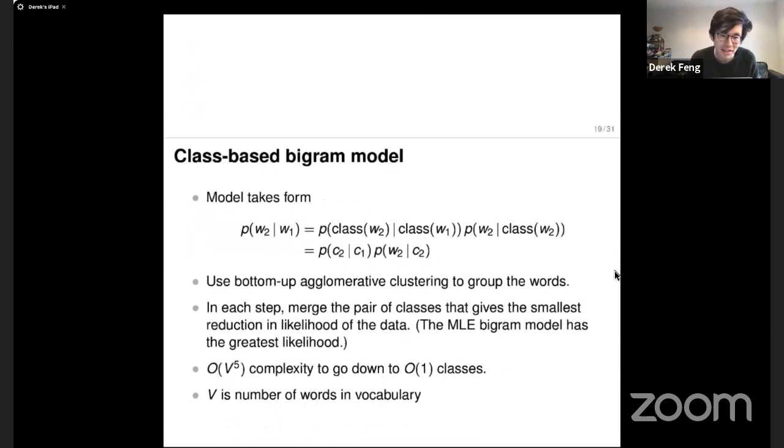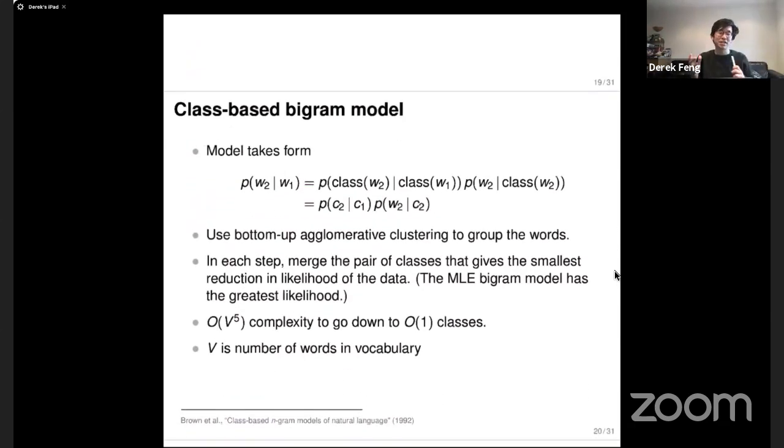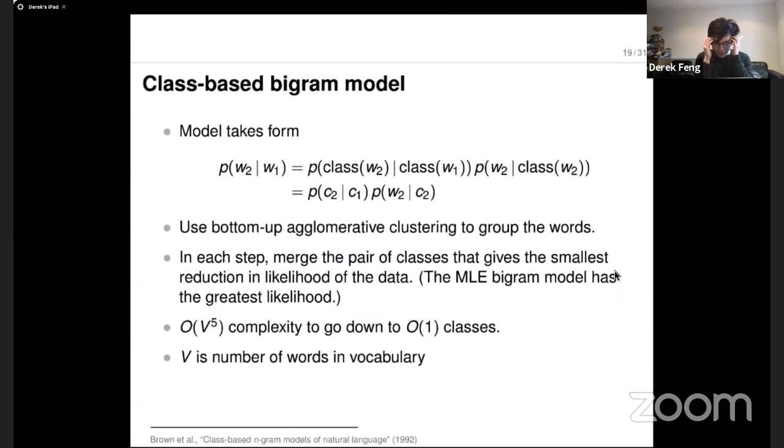So what I'm going to do is look at this class-based model. Let's just focus on bigrams, though it obviously extends to trigrams and n-grams in general. What is this model? Instead of looking at just the empirical frequencies of pairs W1 and W2, I'm going to decompose this probability into looking at the classes themselves. Let's look at "dog house".